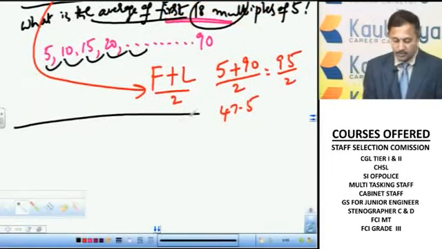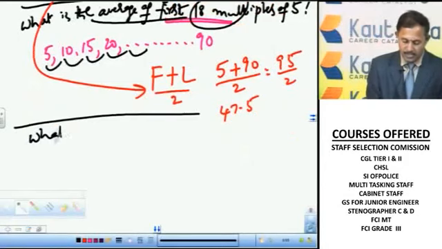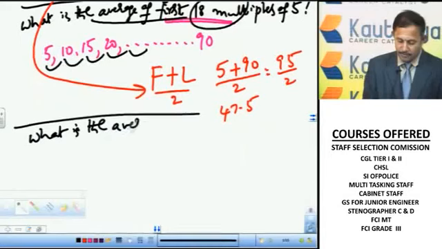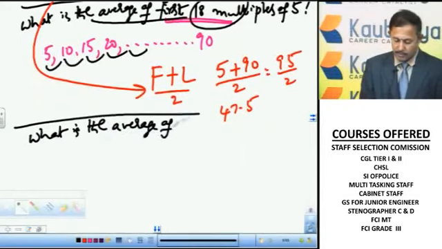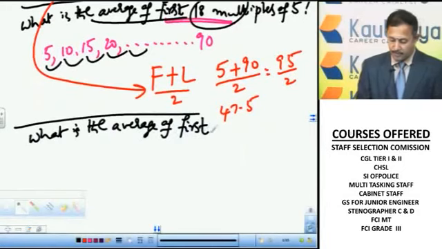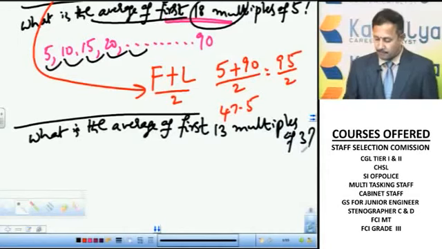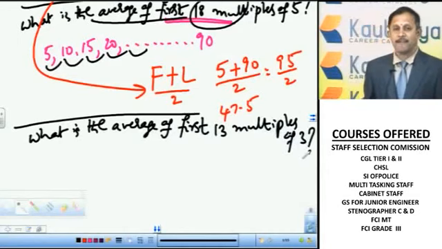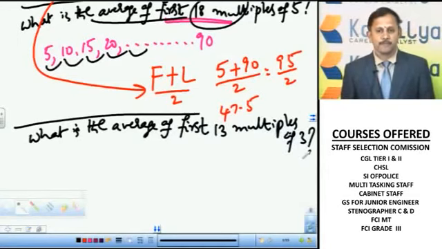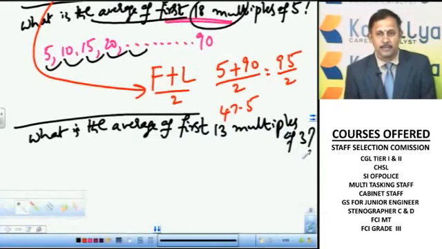And suppose this is the question: what is the average of first 13 multiples of 3? What is the average of first 13 multiples of 3? So here we are interested in only the multiples of 3.